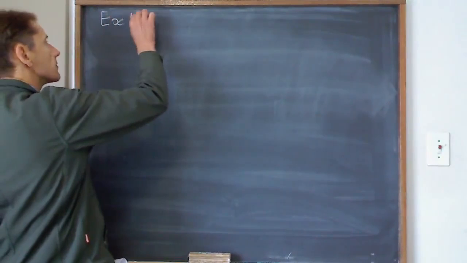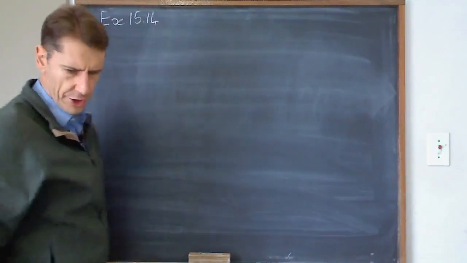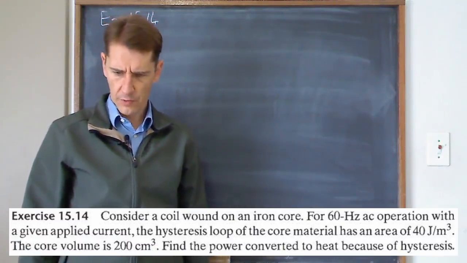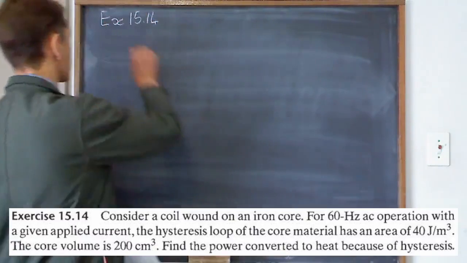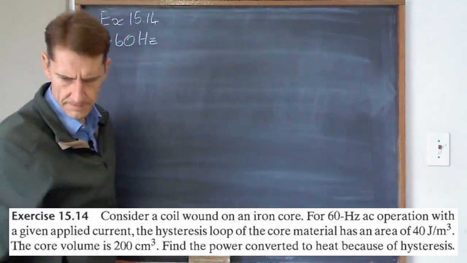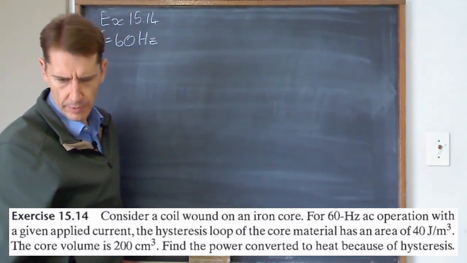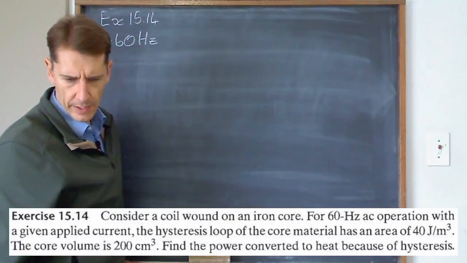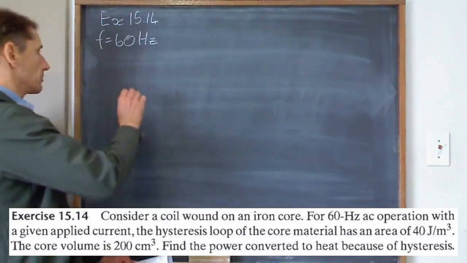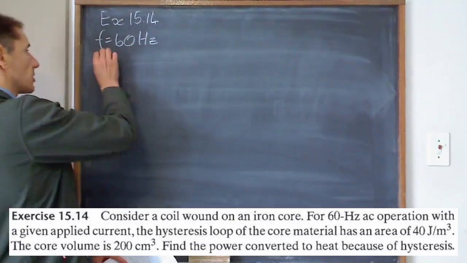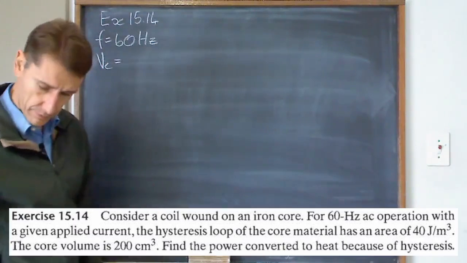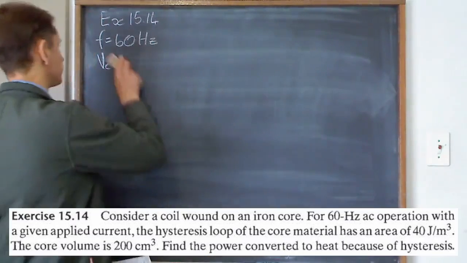Exercise 15.14 reads: consider a coil wound on an iron core for a 60 Hz AC operation. So f equals 60 Hz. For a given applied current, the hysteresis loop of the core material has an area of 40 joules per cubic meter.